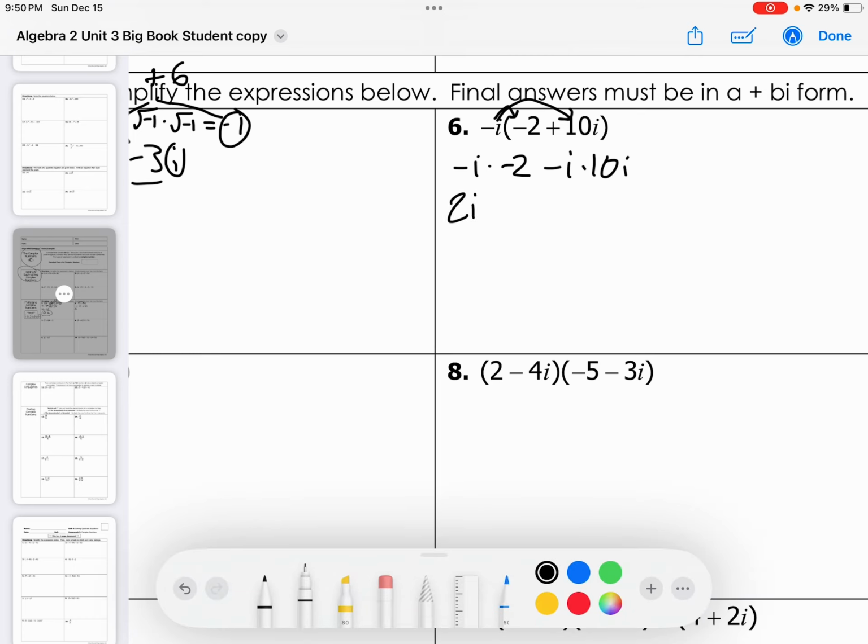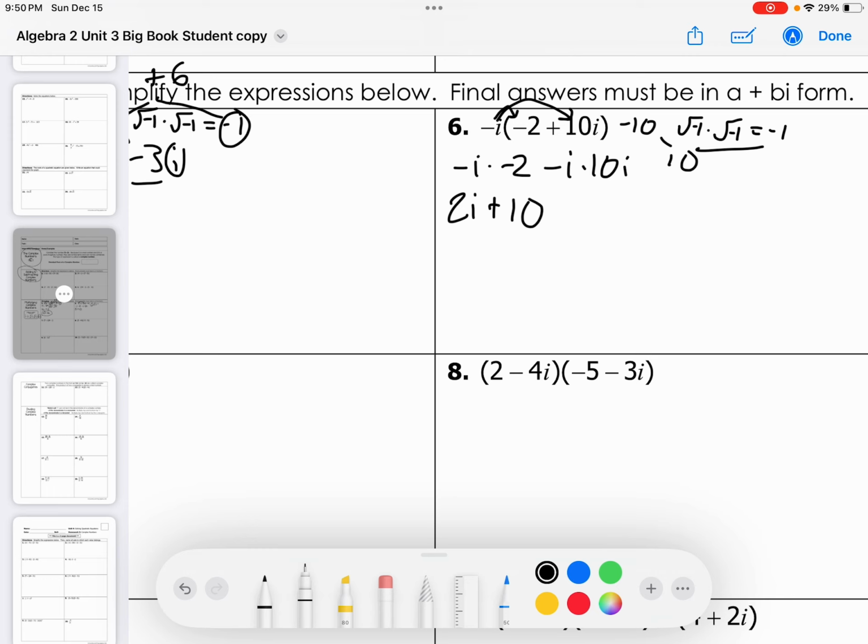And then the -i times 10i, the negative times the 10 would give you -10, and then the i times i would give you the square root of -1 times the square root of -1, which is -1, and -10 times -1 would give you a +10, so this is going to be +10.